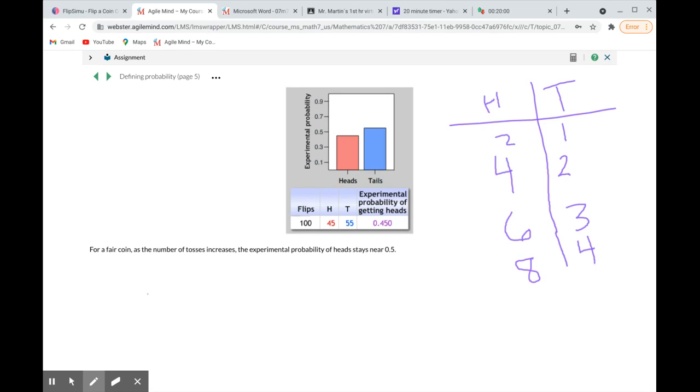What do y'all think? Anybody know? No one's answering. How do we find the probability?